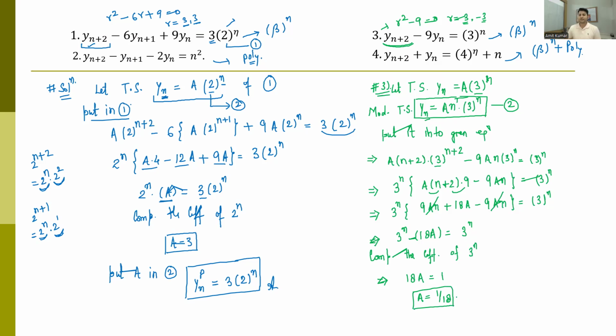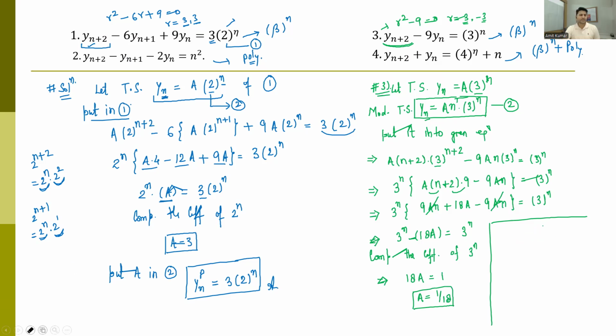So what next? As we did in the last example, put this a in equation number 2. So the last step, we are supposed to put a in equation number 2. When we put this a in equation number 2, we will get the final particular solution.